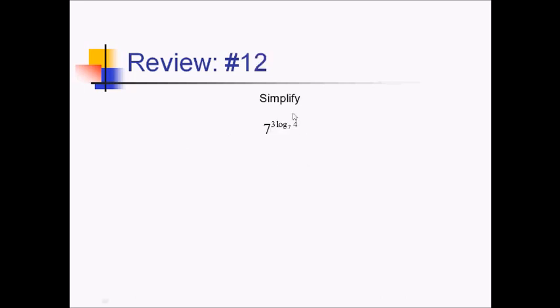On this problem, we're trying to do 7 to the 3 times log base 7 of 4. Now, we see the 7 here in the base of the whole thing, and the 7 in the base of the logarithm, and it's awfully tempting to just cancel those out. Before you can cancel those out, though, you need to pop this 3 in as an exponent using our pop-in rule. So we're going to write this as 7 to the log base 7 of 4 to the 3rd.